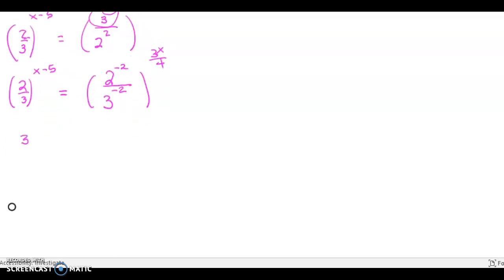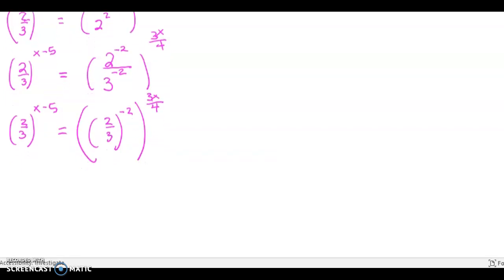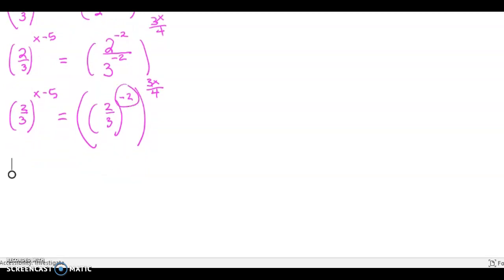So now I have 2/3 to the x minus 5 power is equal to the fraction 2/3 to the negative 2 power, to the 3x over 4 power. So what we learned yesterday was, if I have a fraction to this power of negative 2, it would be the same as the numerator to the negative 2 and the denominator to the negative 2 power. So that would be okay to put that negative 2 up there.